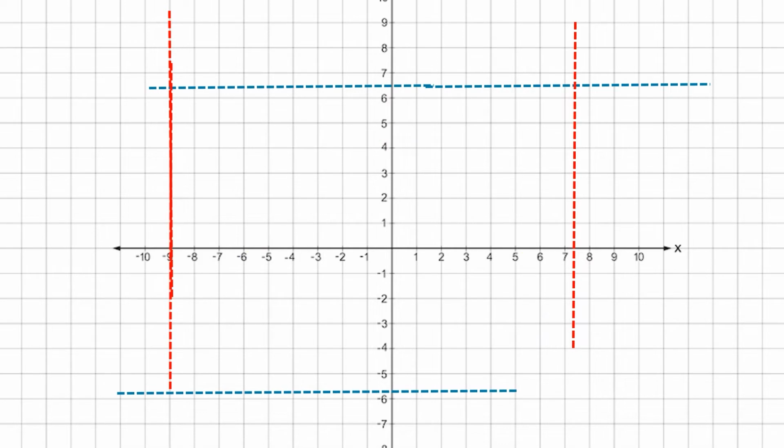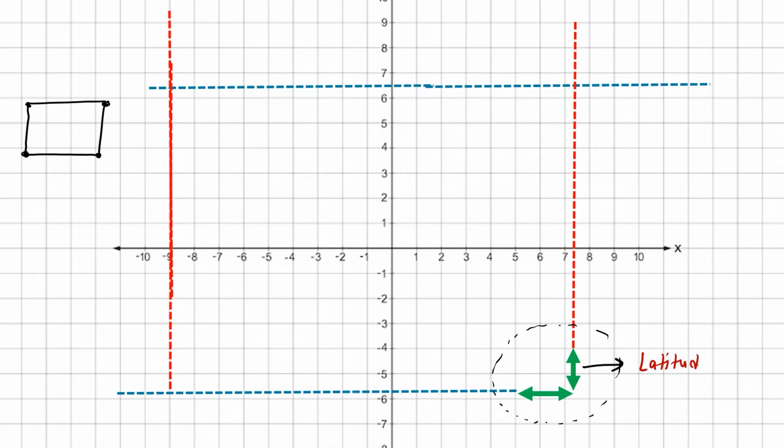So let's remove that traverse. So here you can see that there is a gap in this rectangle, right? In the previous case, it was a perfect rectangle, completely enclosed, but here you can see that there's a gap, right? And so this gap is called the latitude closure error, okay?